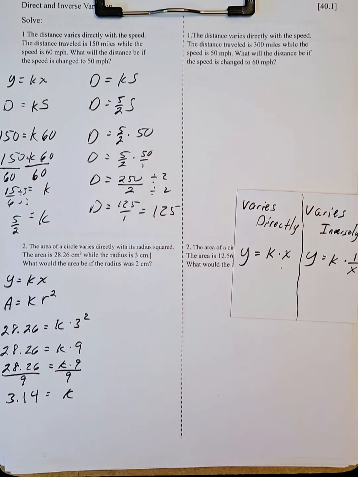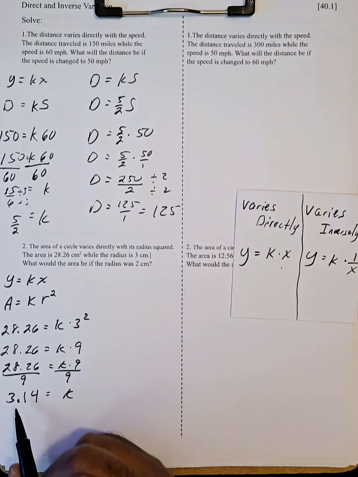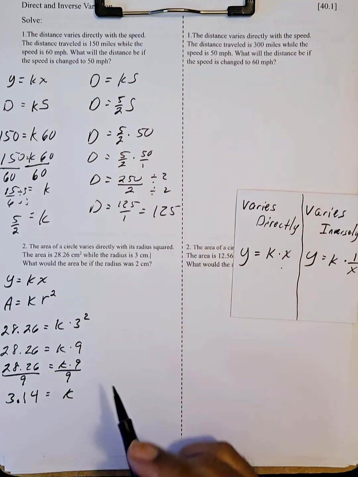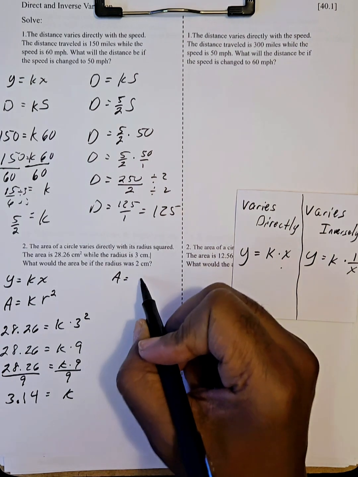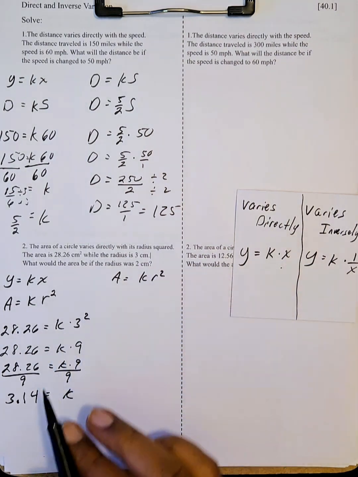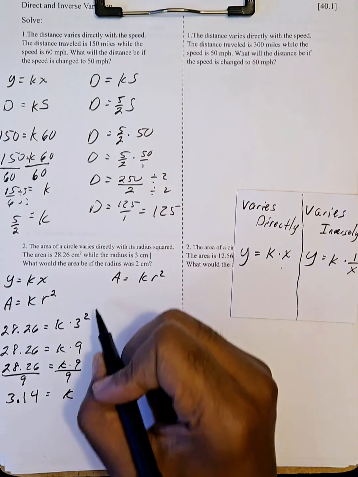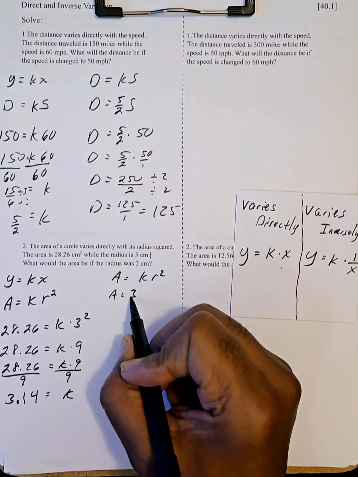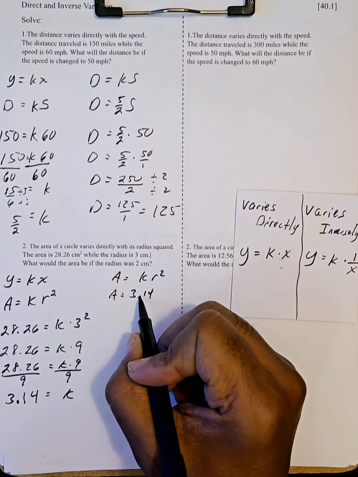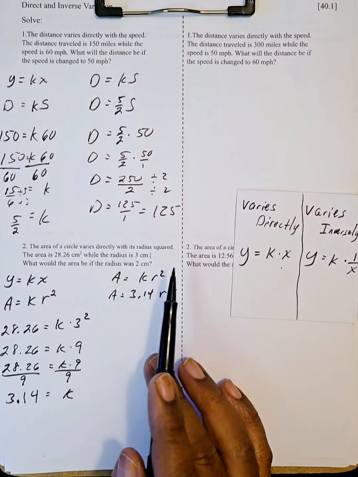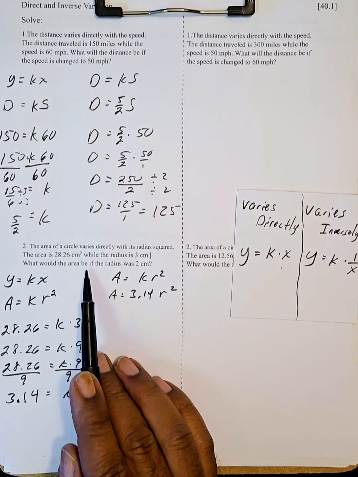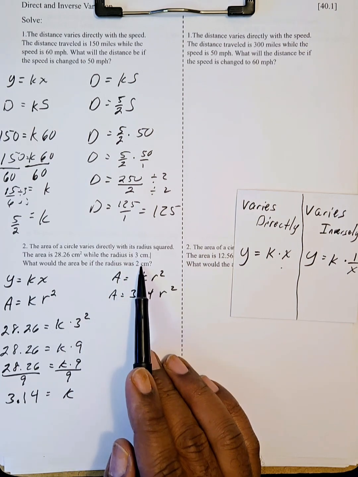So your constant is 3.14. Looks very familiar. Okay, so let's rewrite the formula. We know it's A equals k r squared, but now we know that the constant is going to be 3.14 times r squared.